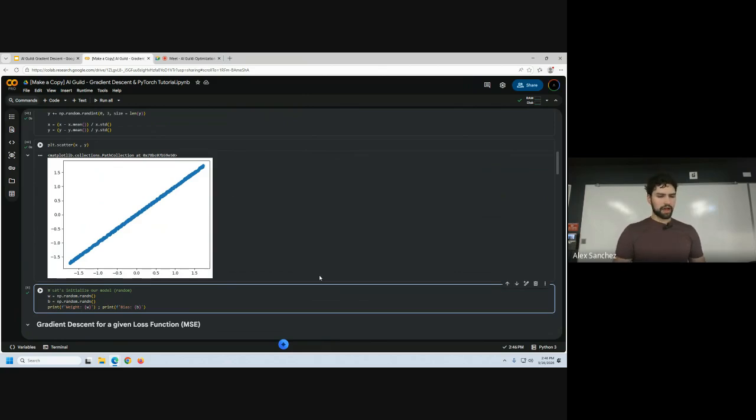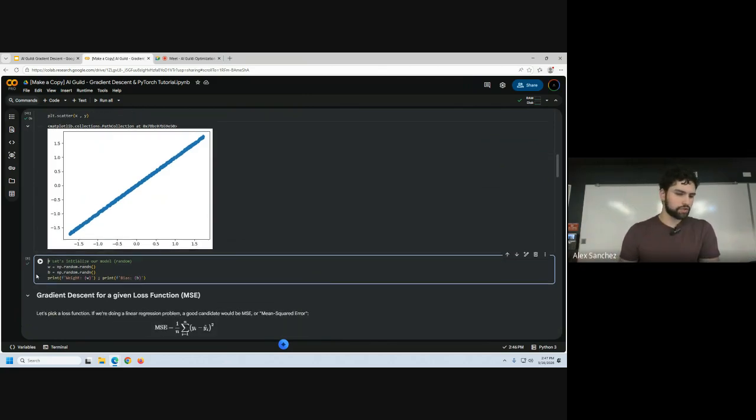And normally how we initialize neural networks, we randomly initialize the weights and biases to start with. Obviously, there's sometimes more science when it comes to initialization, but for right now, let's just randomly initialize our model. Again, in this case, our model is just a y equals mx plus b line.